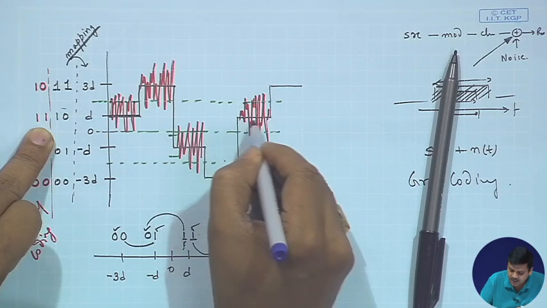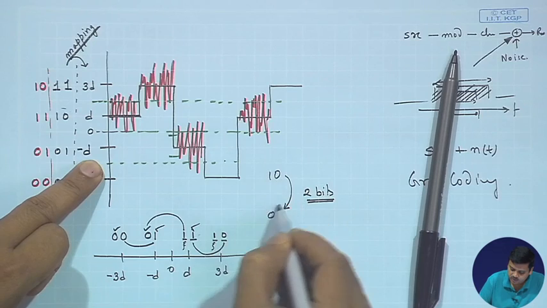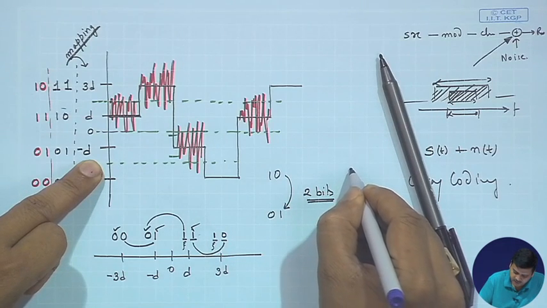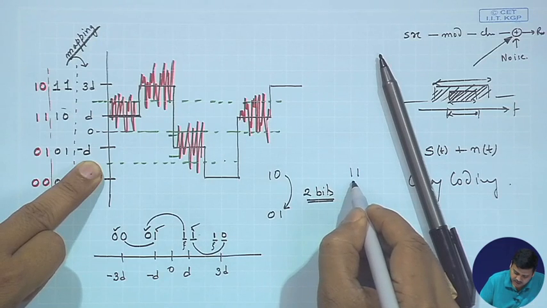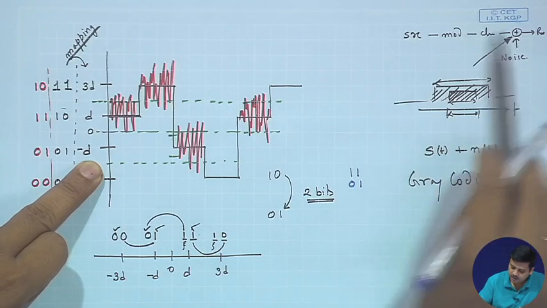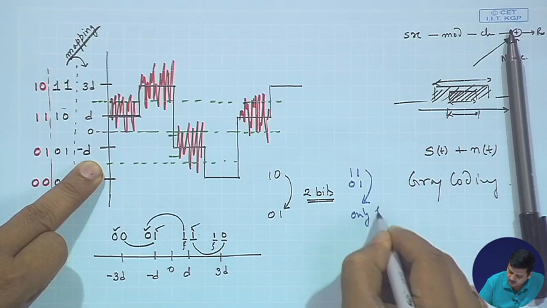So, suppose I had sent a D and I detect it as minus D as we took in this example. So, we would have a 1 1 over here being detected as 0 1. So, this we see differ by only 1 bit.